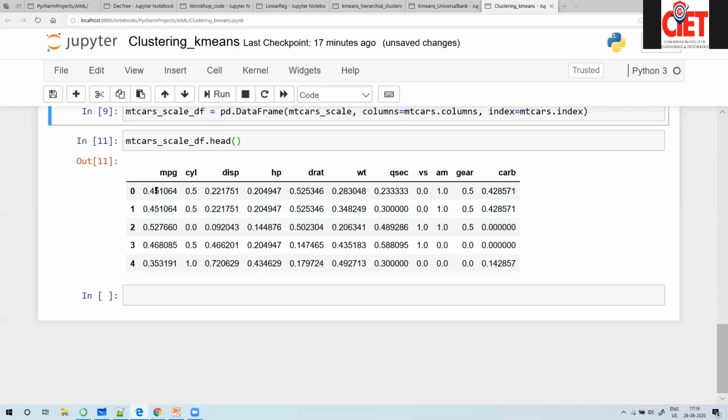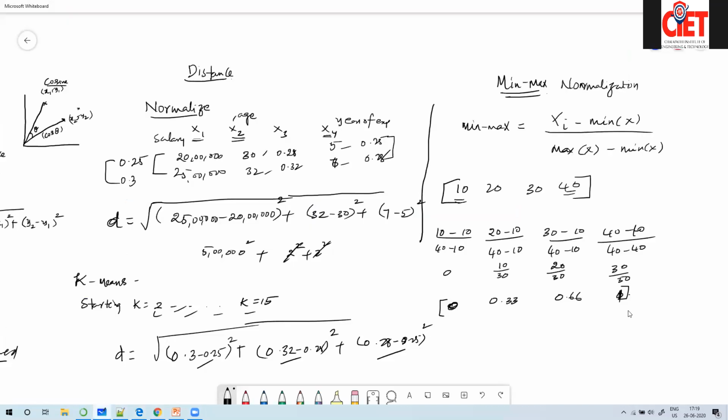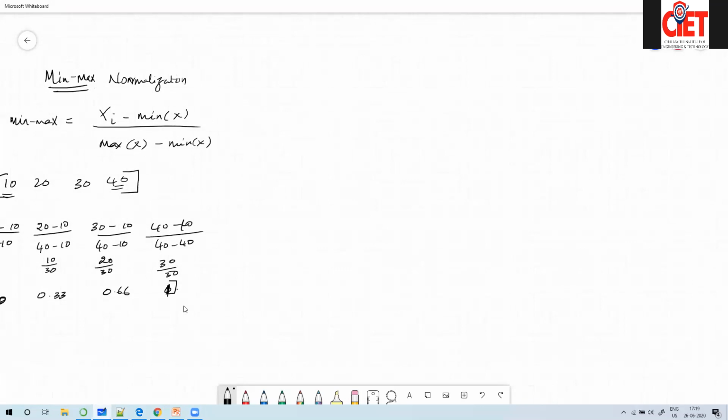It's not about complex calculations. Okay, I'll tell you how normalization is going to affect the data. Let's say we have points like this.